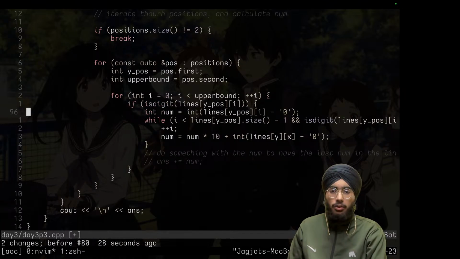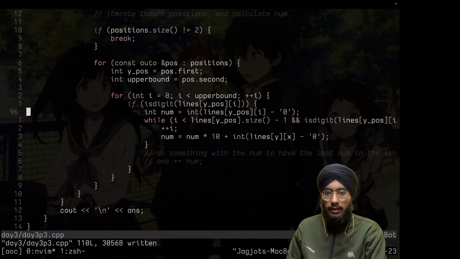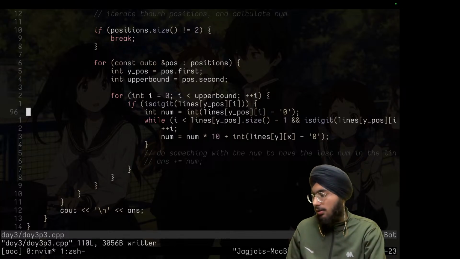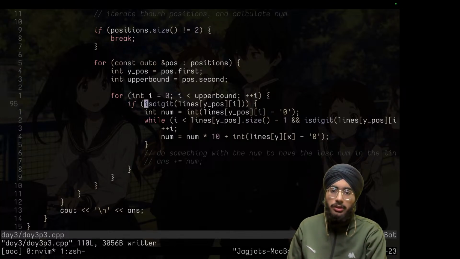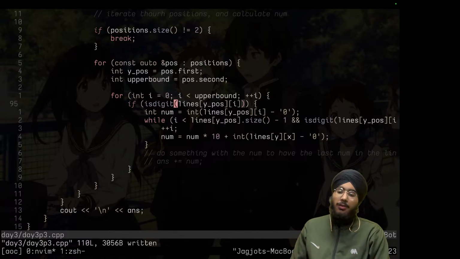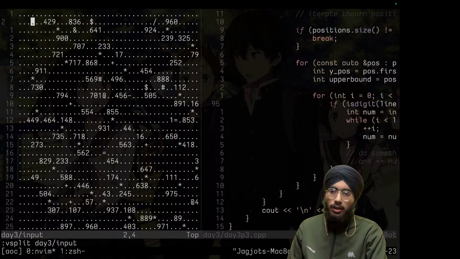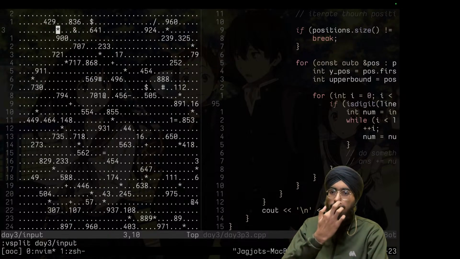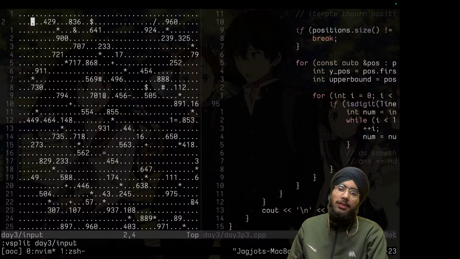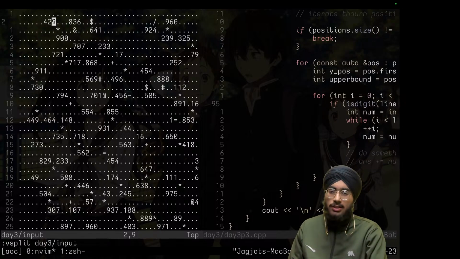Oh no, we have to do this because this is an upper bound, not that we know that it is a digit or not. That's why we have to see if it is a digit or not. We split day 3 slash input. For example, let's say this. It gives us this position. First it's gonna check this.